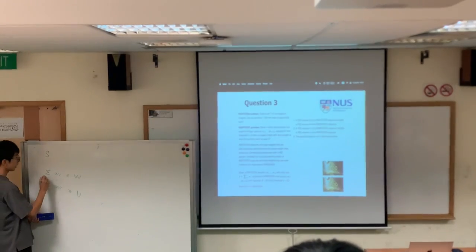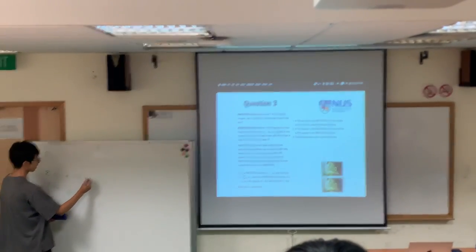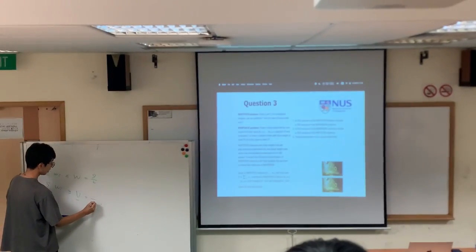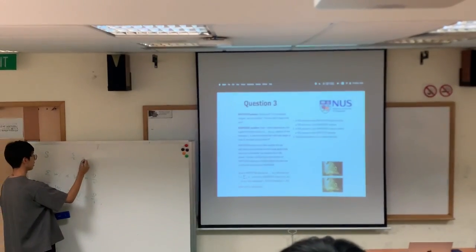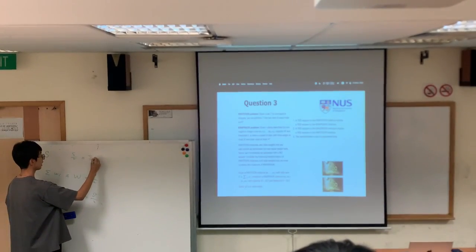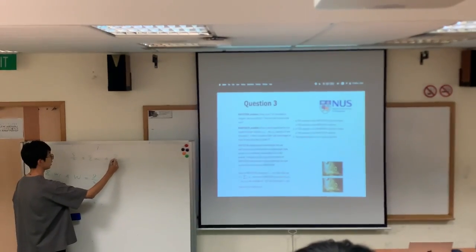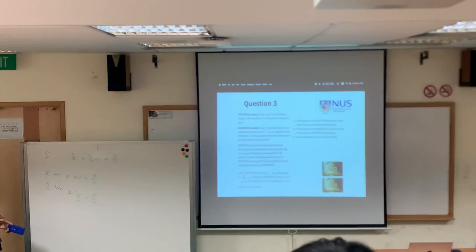So this is less than or equal to W, which is half of the sum, and V is also half of the sum. So we have half of the sum less than or equal to the sum of Wi, and it's less than or equal to half of the sum, which means this is exactly half of the sum.